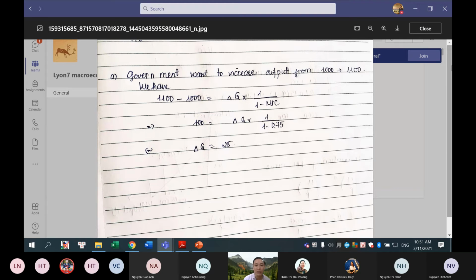The other persons who calculate for tax, income tax, and money supply, you also do the same way. You also always write down both equations at the same time, and then you can find out the answer.